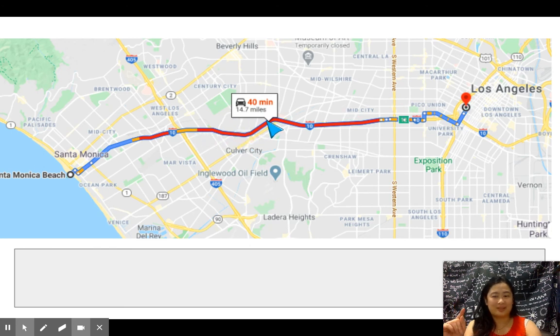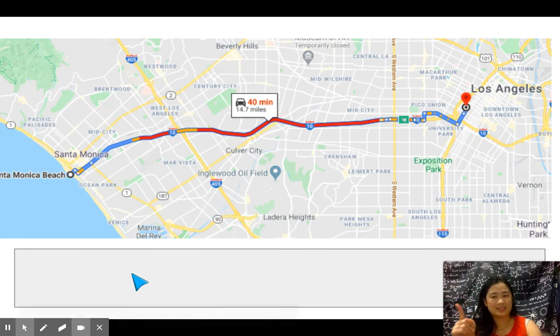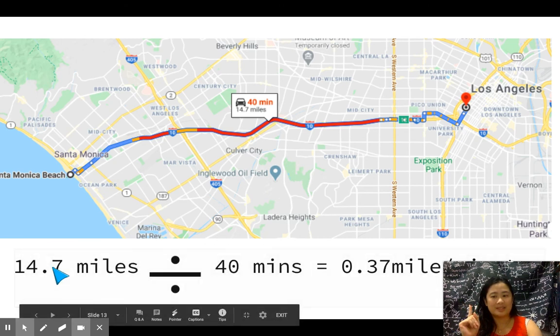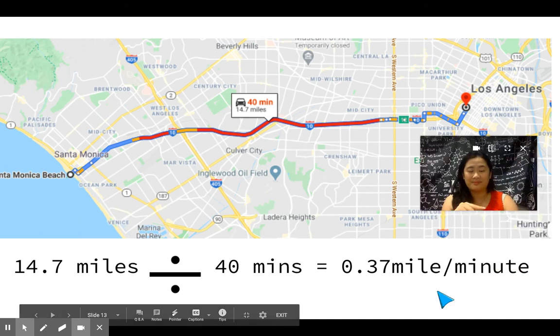And take a look at this red. This red means there's a whole lot of traffic in the LA area. And it was 14.7 miles. Okay. So all you have to do, rate again is distance divided by time, is you take the distance, 14.7 miles, divide by 40 minutes, equals 0.37 miles per minute.